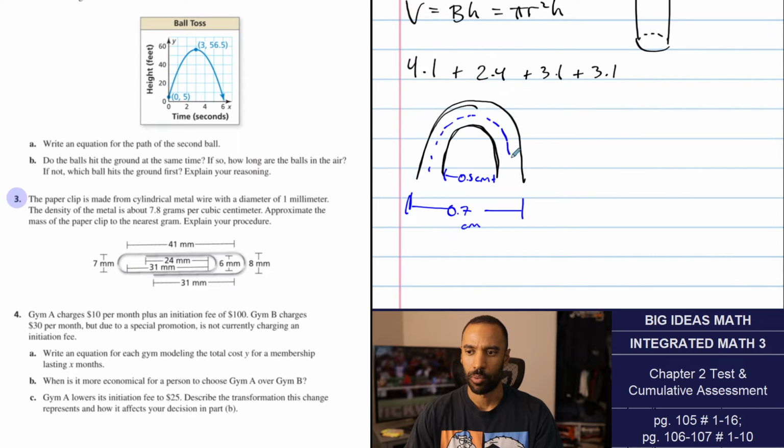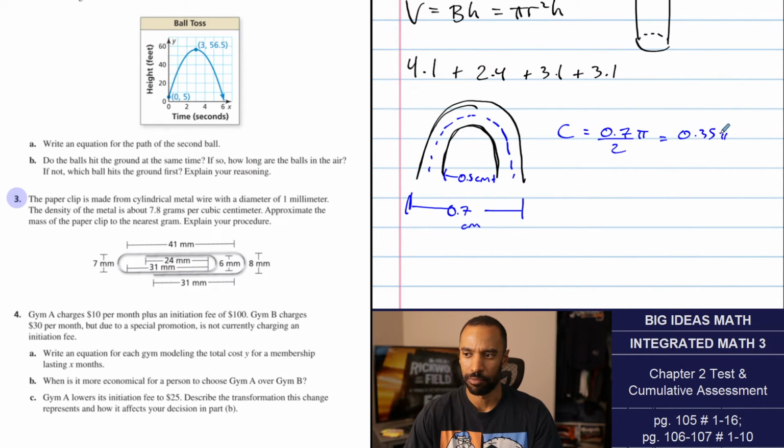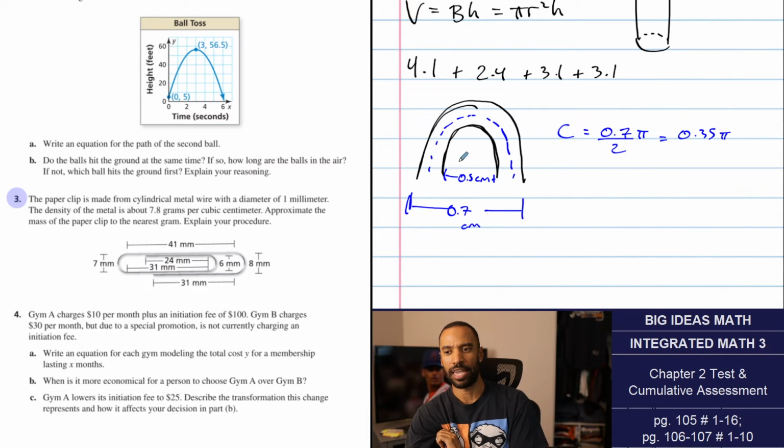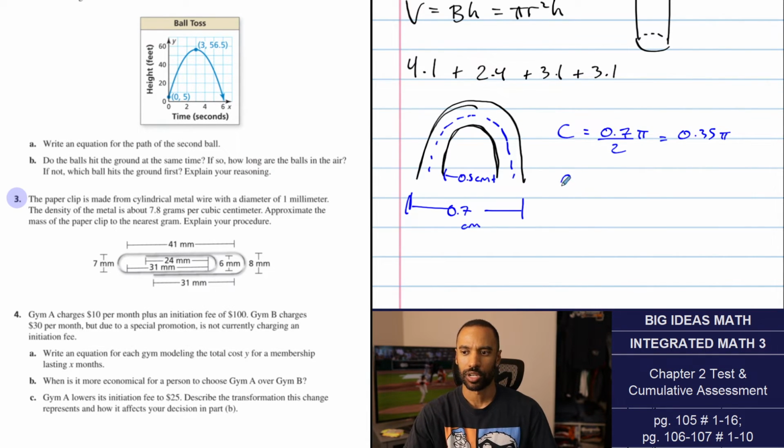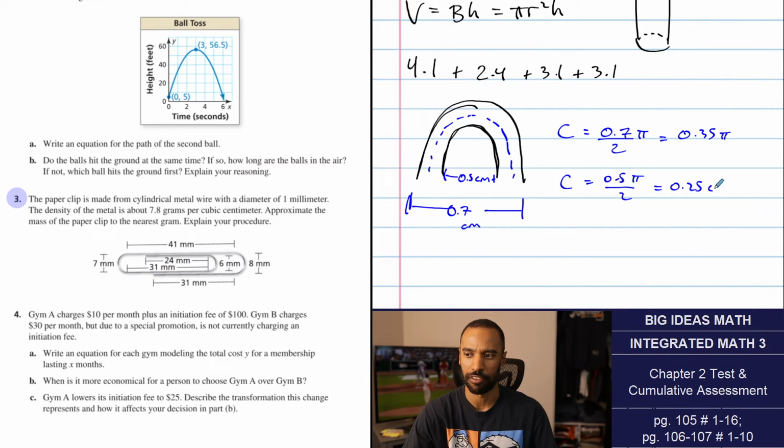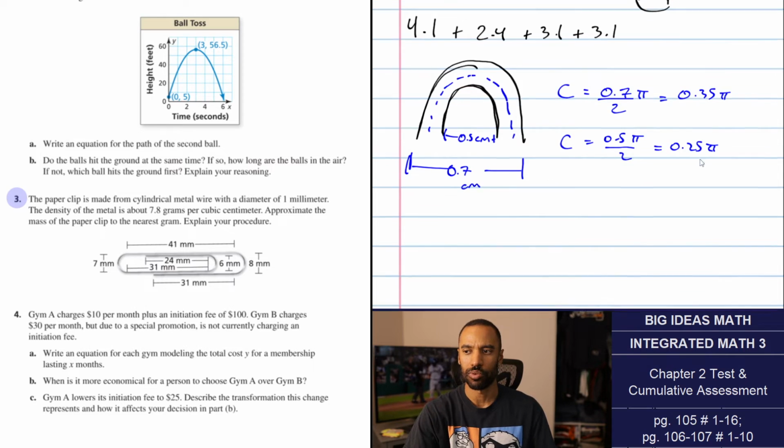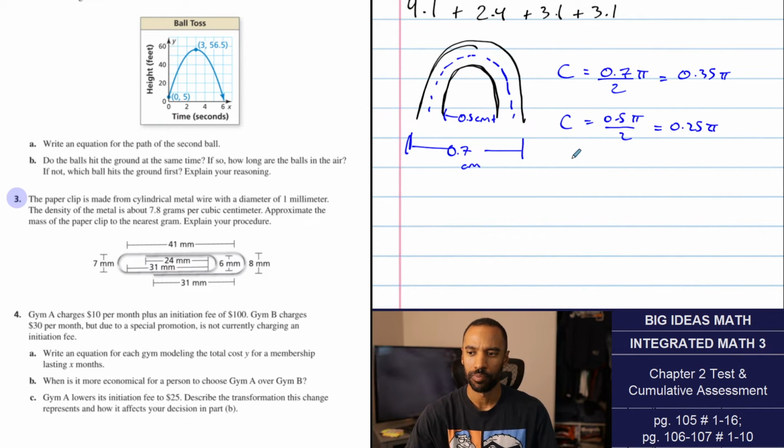So the circumference of the outside one is 0.7 pi over 2, which is 0.35 pi, because it's diameter times pi and half of it for a semicircle. The circumference of the other one is 0.5 pi over 2, which is 0.25 pi. We have to average these two numbers and divide by 2.